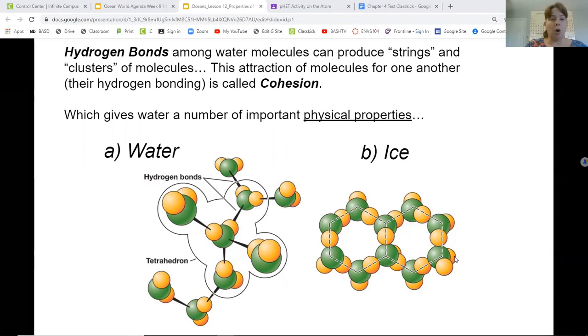Water is the only substance on Earth that has some of these very unique properties that we're going to talk about, and it is all a result of this hydrogen bonding and cohesion.